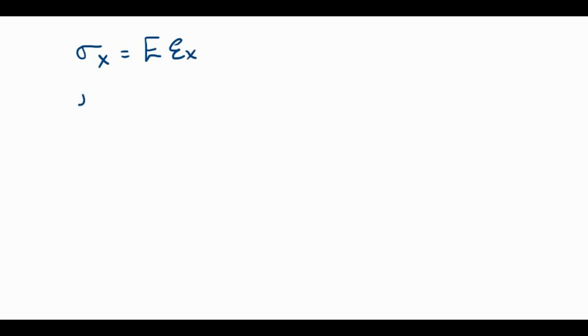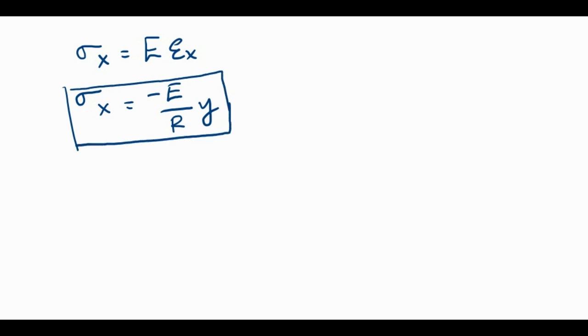From the previous equation, we know the value of epsilon x, so we can write minus E by R into y. This is the stress at any point which is at a distance y from the neutral surface. This gives you the normal stress in the beam due to bending.